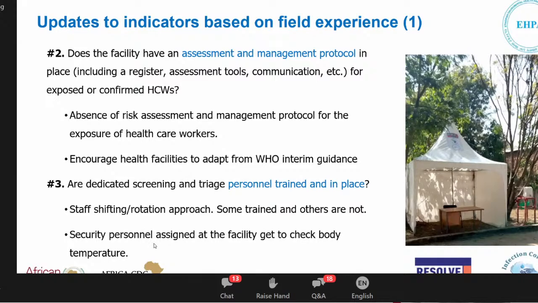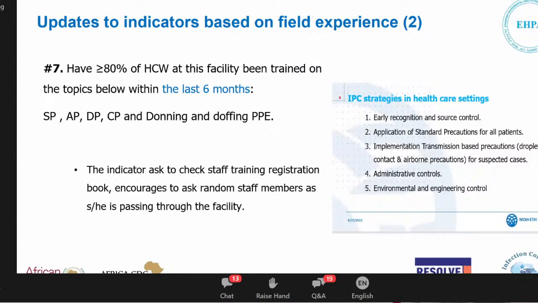Some of the problem is related to assigning security personnel to check only the temperature using an infrared thermometer. Checking the other signs and symptoms that the client or the patient has may be missed at the triage station. So this requires more intervention, and it challenges us a little bit.